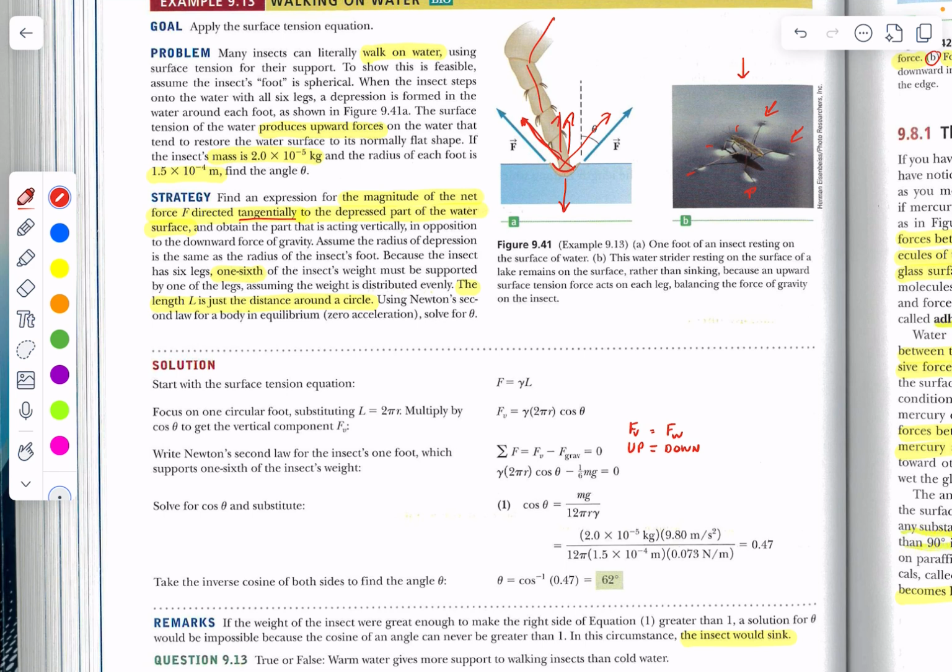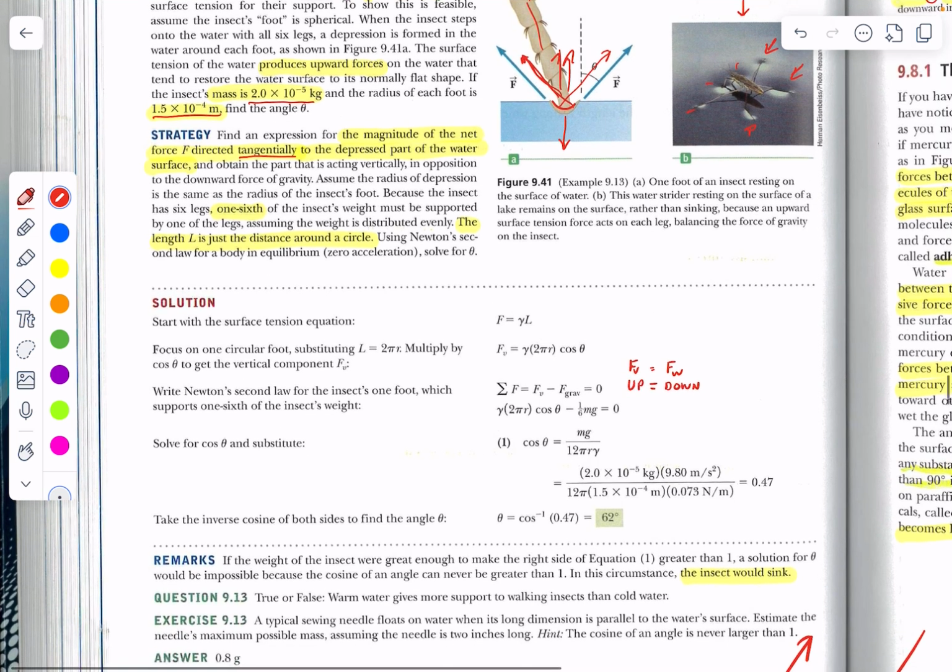So if the insect's mass is 2 times 10 to the minus 5th kilograms, and the radius of each foot is given right there, we can find that angle theta of the normal force, this vector representing all of the pushes all along the depression.